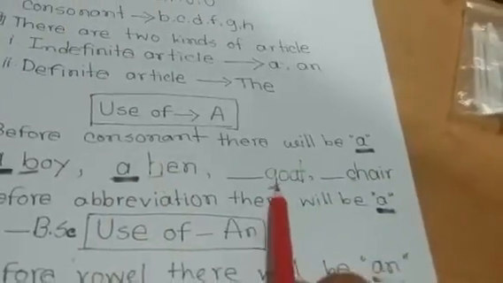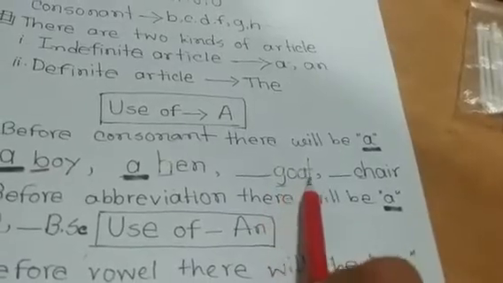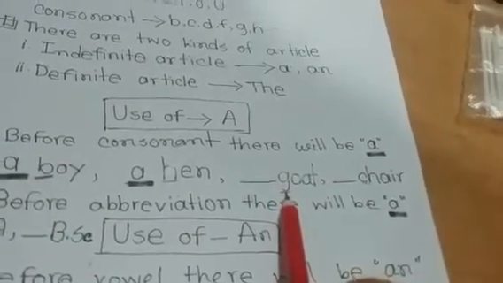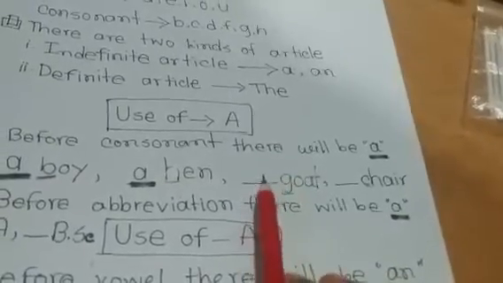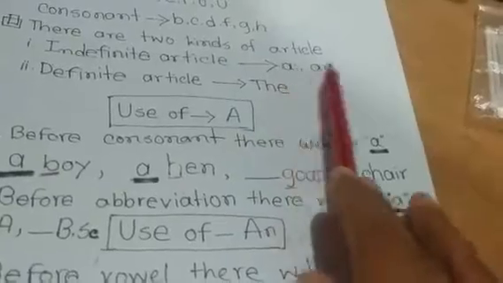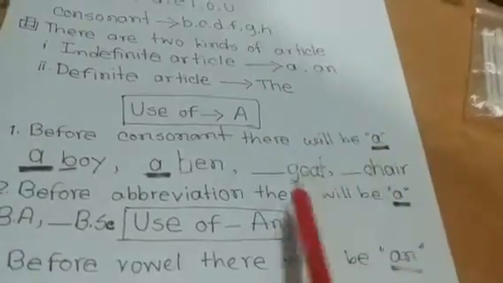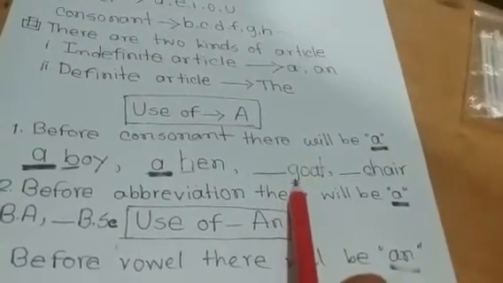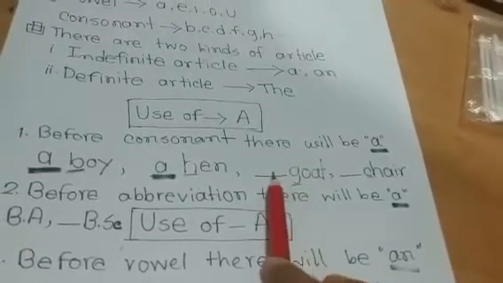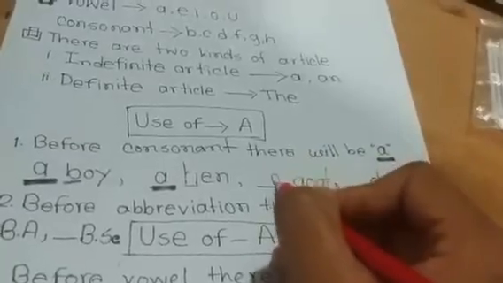Okay. Here is goat. G-O-A-T, goat. The first letter is G. G is also consonant. Then what should we use there? A or an? We know before consonant we will use a, so we will write here a.